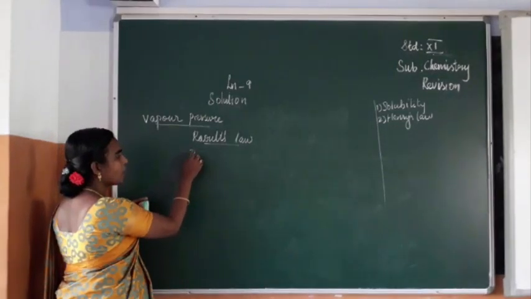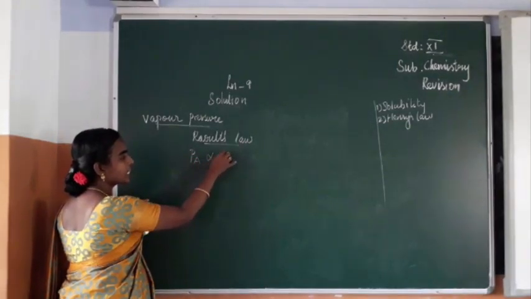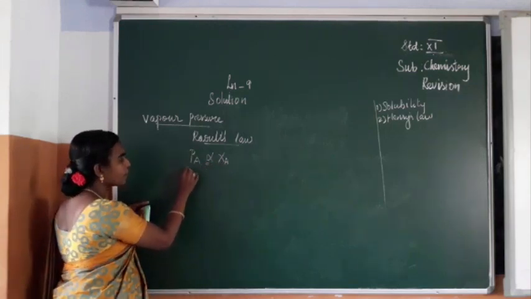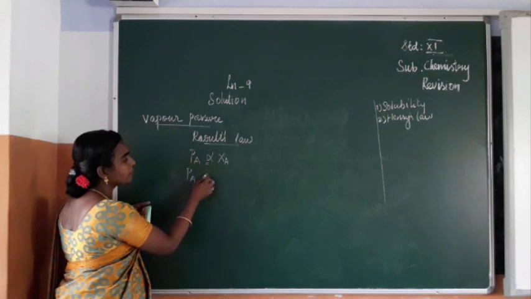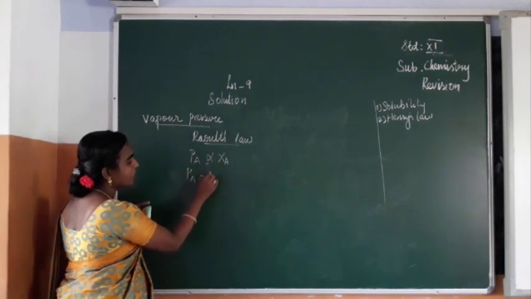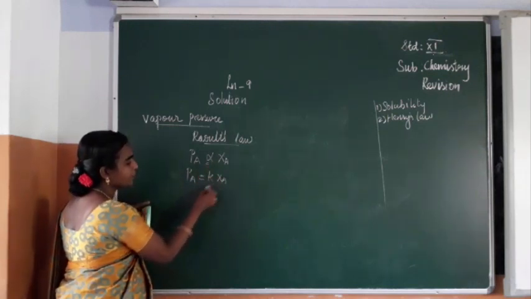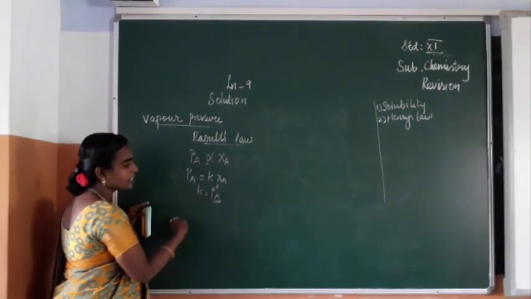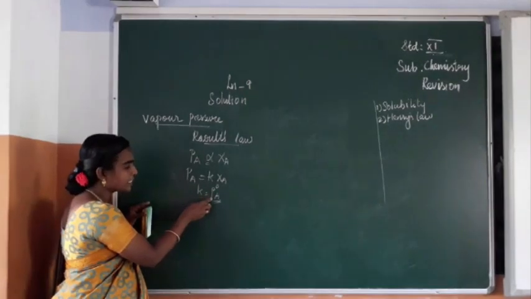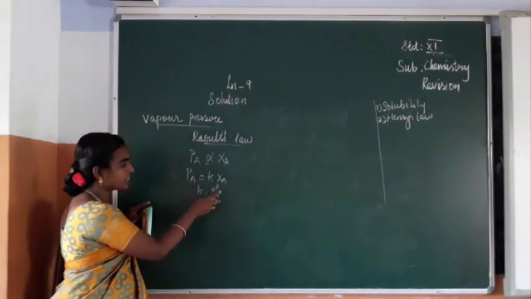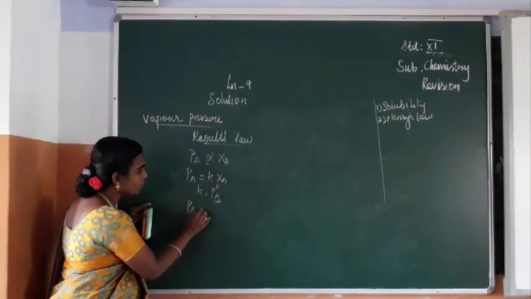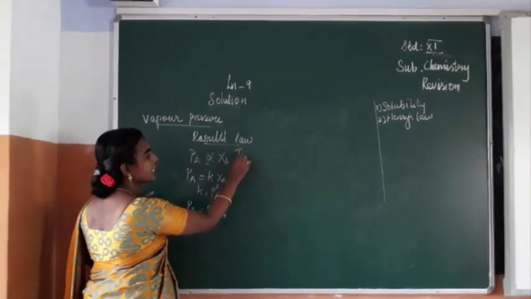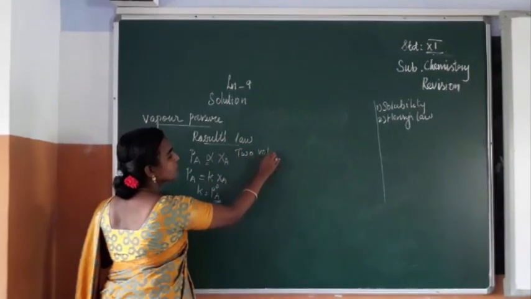So consider the first component: Pa is directly proportional to Xa. To remove this proportionality sign, I am going to introduce a constant K into Xa, where K is equal to P0A, the partial pressure of the pure solvent. So Pa is equal to P0A into Xa. I have taken the example of two volatile liquids.